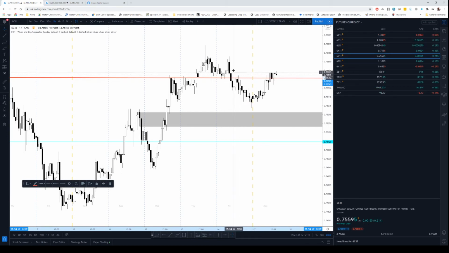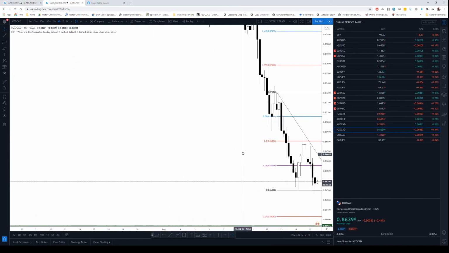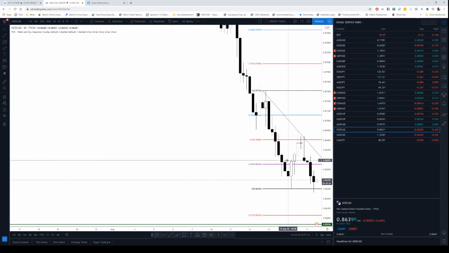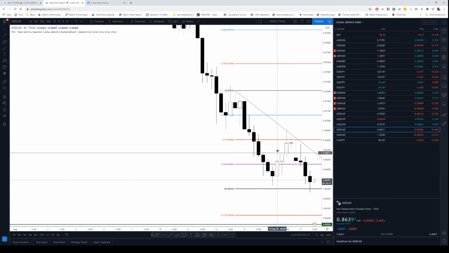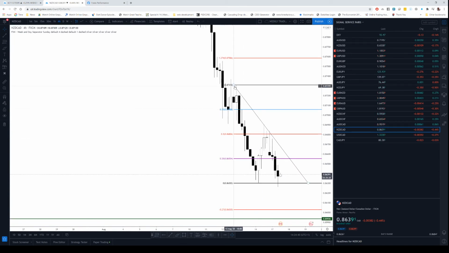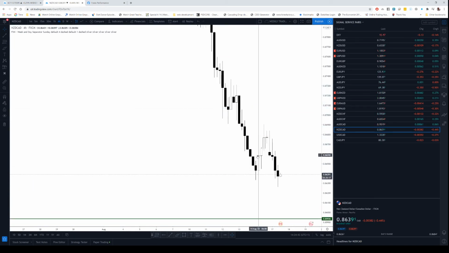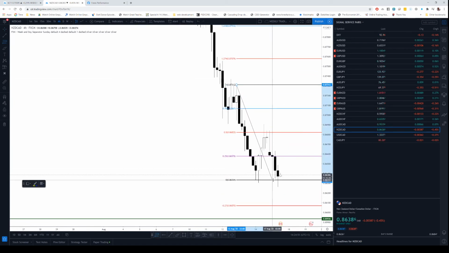If it's going to be weak for the rest of the day, then you find a pair, pair it against the CAD and take a long. When that happened, we had this down candle being traded above as our rejection pattern. So what I said was, wait for this candle to close, and then the next candle we trace back down to the down candle and take a long, and your target should be that 50%.